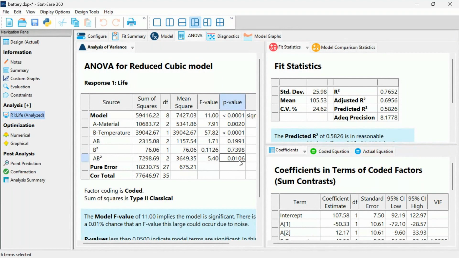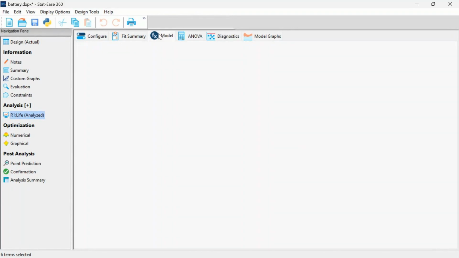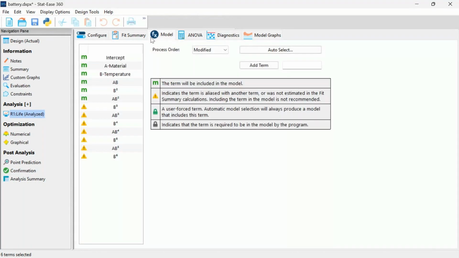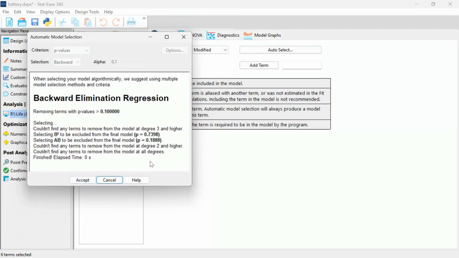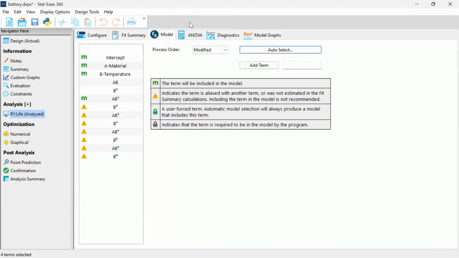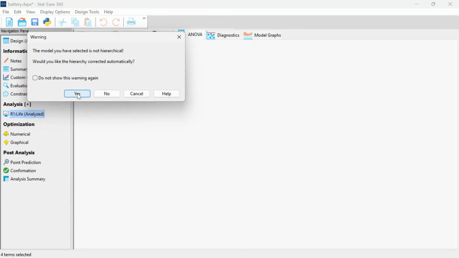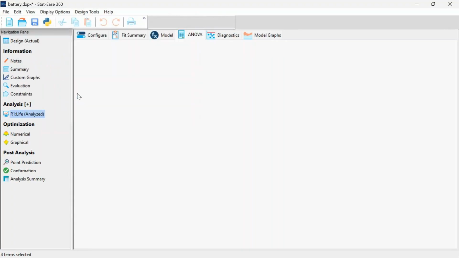All right. And to support that, we do need the B squared to have it in there. If we try to reduce that, I think we would be busted for not having a hierarchical model. And so we could try p-value backward on this, which I like to try at least. And then we can see if the program says it's got to be hierarchical. Yes, it does.